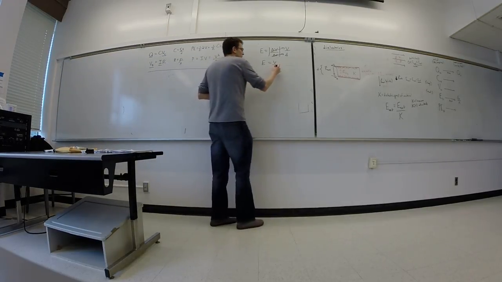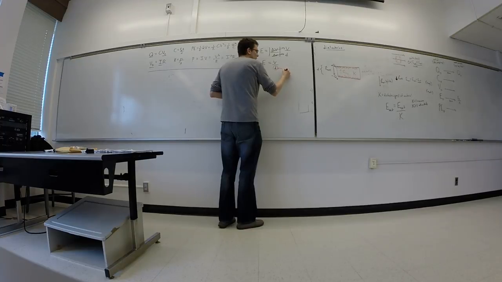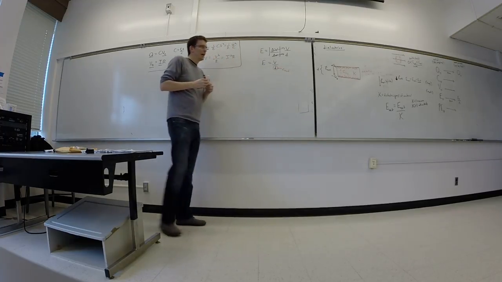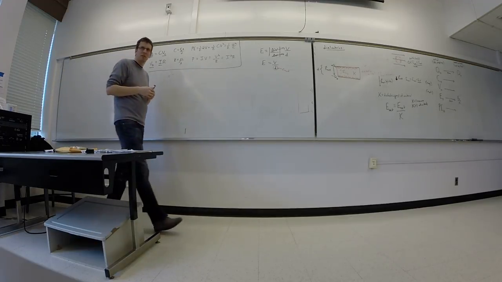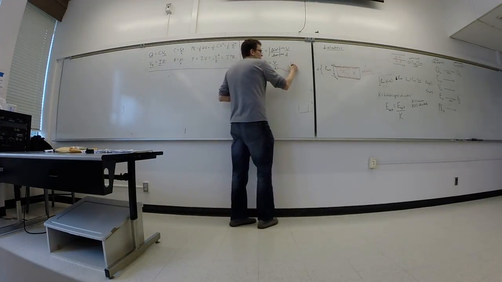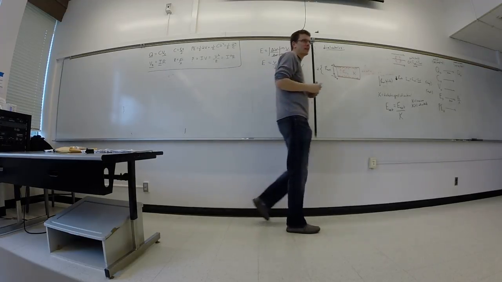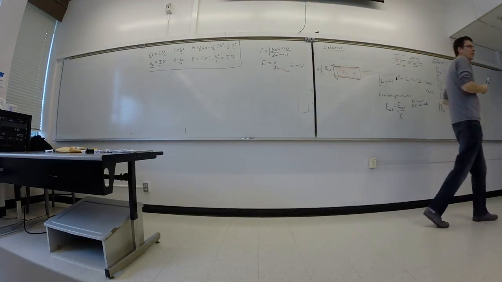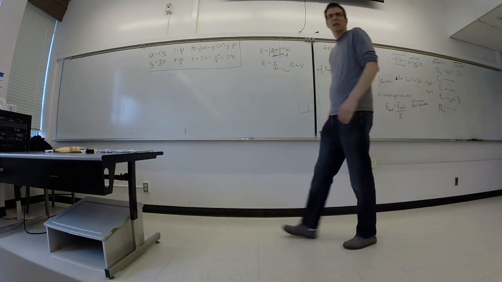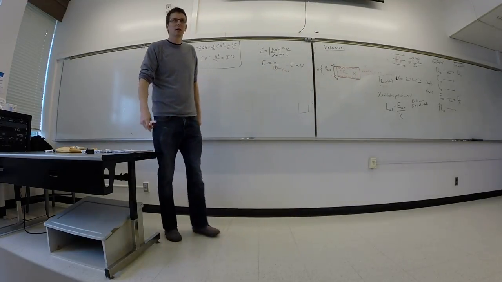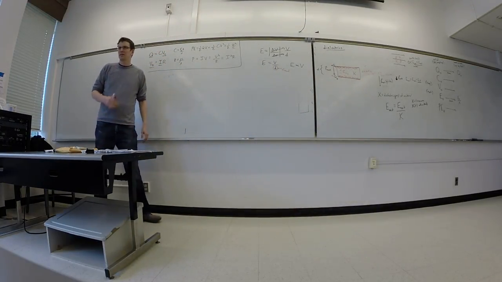And since we're not actually changing the separation of the plates at all, D is fixed, what it tells us is that there's a direct proportionality between the strength of the electric field and the voltage drop. So if the electric field gets reduced between the plates, the voltage drop will be reduced between the plates.